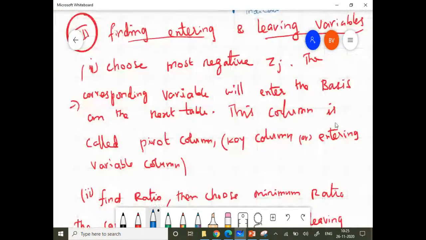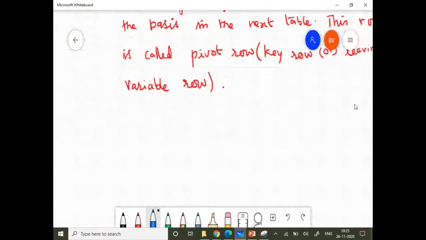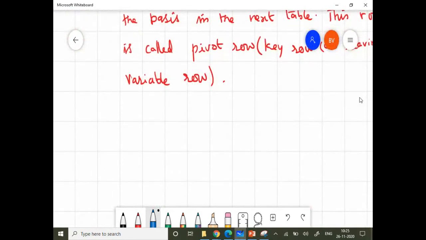Okay. So what's the next point? Leading element. Here, what is the leading element? The leading element is 3. What is it?